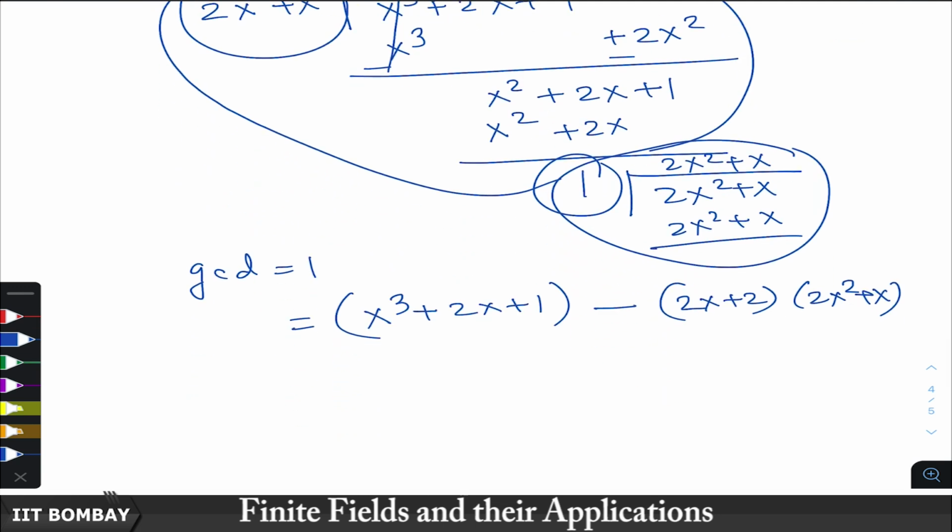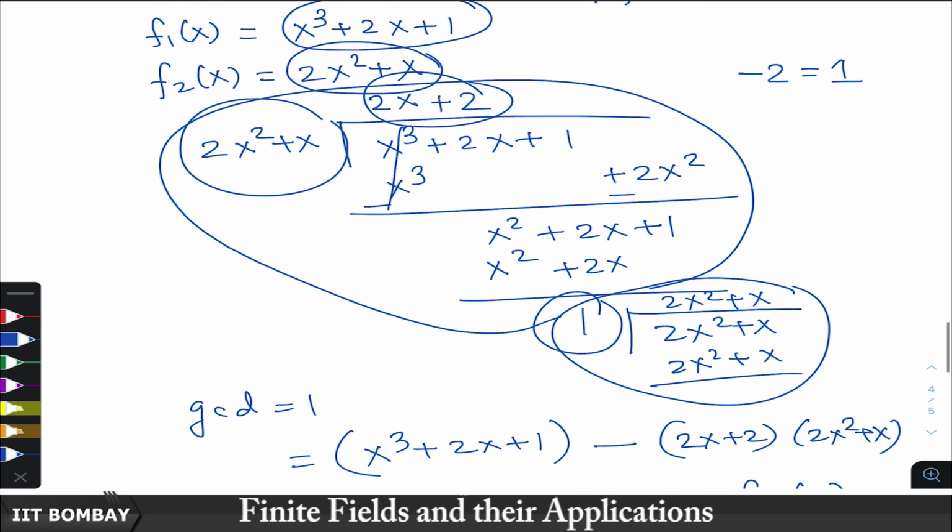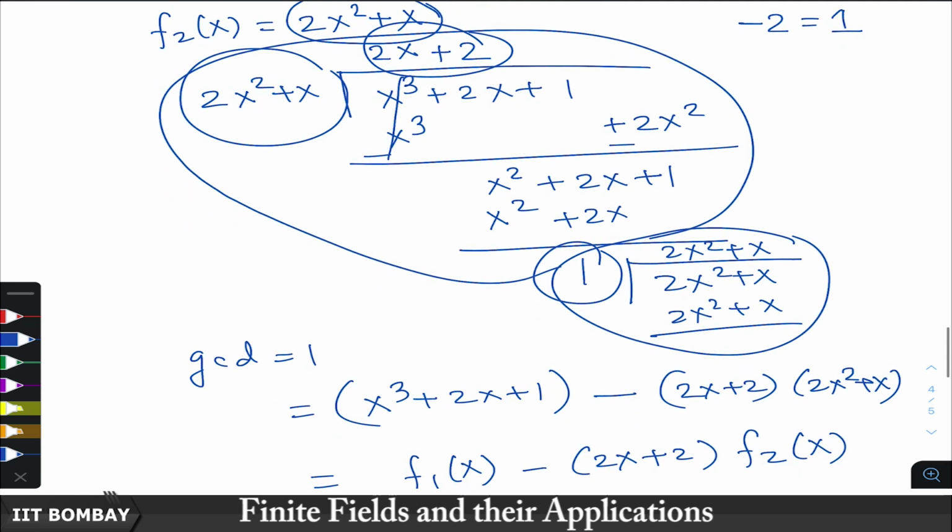So, that expresses it in the required form. This is our f1(x), and this is minus 2x plus 2 times f2(x). Right. So, if there are more divisions, we could backtrack and finally get an expression in terms of f1 and f2.